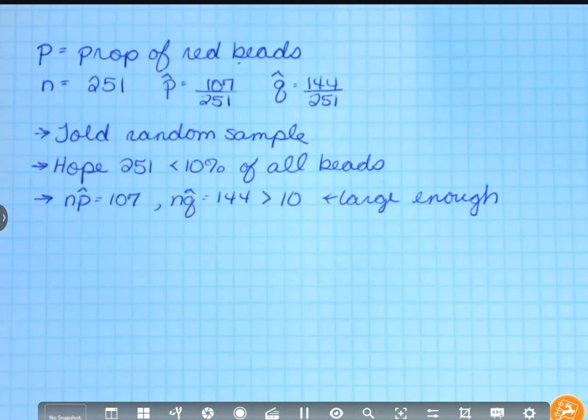After that, what do I do? Describe the model being used. That means what kind of distribution do we have?